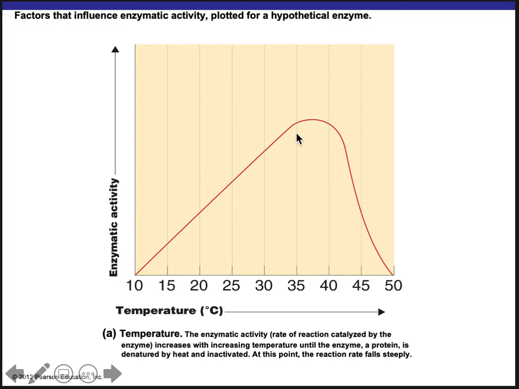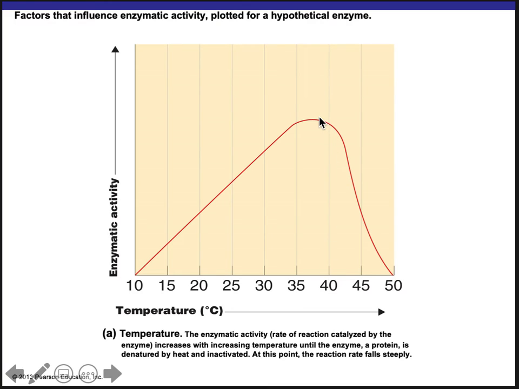And so you'll notice that the optimal temperature, the fastest that the enzyme performs, is getting pretty close to the cutoff of denaturing. And so you have a steep drop off when it gets too hot because you start to break those bonds. Now, why isn't this an immediate straight line?